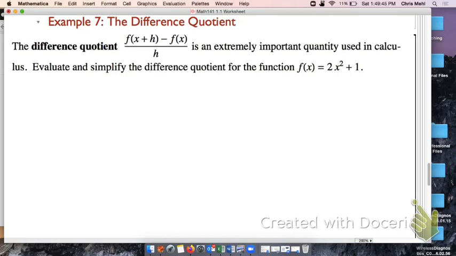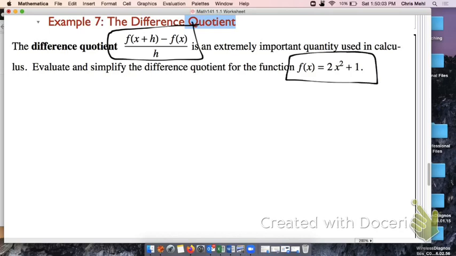So right now we're just going to work with it algebraically. h just represents some positive quantity or some non-zero quantity. And what we're going to do is we're going to calculate and simplify this expression when I know that the function is 2x squared plus 1.